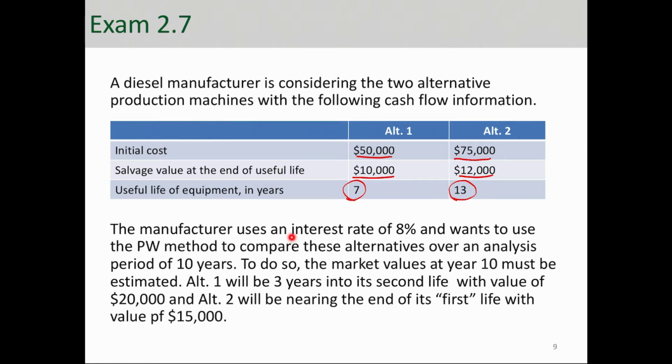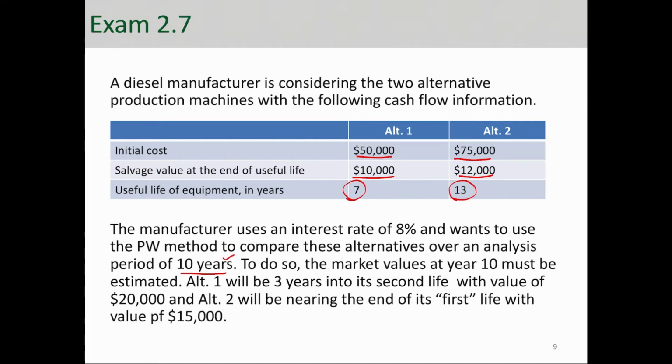The manufacturer used an interest rate of 8% and wants to use the present worth method to compare these alternatives over an analysis period of 10 years. So they want to compare them over 10 years, and it seems like they're somewhere between rapidly changing technologies and stable technologies, where 10 years seems to be a good analysis period for them.